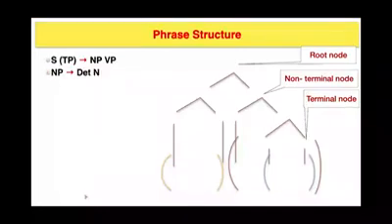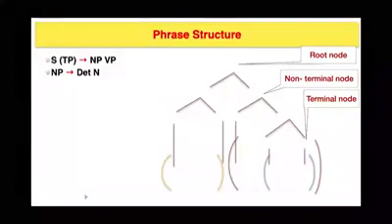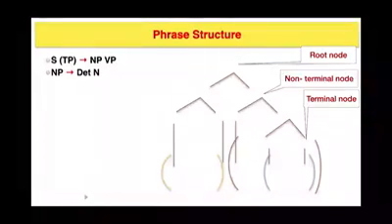Now, what about an NP? Usually an NP is a constituent that breaks down into a determiner and a noun. Okay? And a VP usually is also another constituent that can be divided into a verb and a noun phrase.